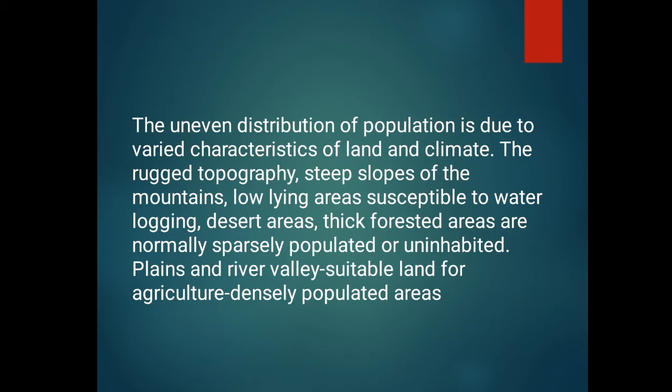Low-lying areas are easily affected by floods or water problems, so people won't prefer to stay there. Likewise desert areas and thick forested areas. In these places we find only a few people or none, so they are sparsely populated or uninhabited.